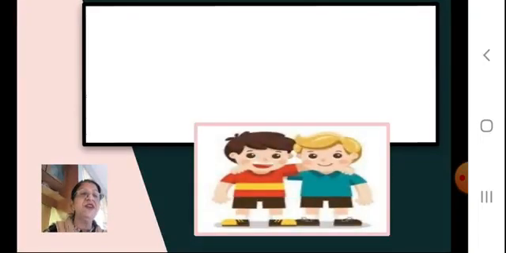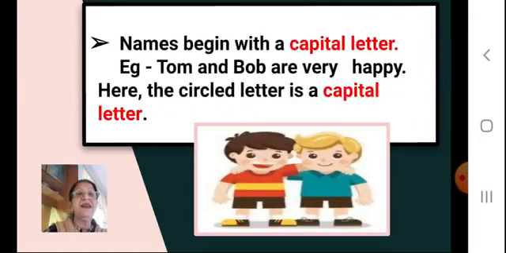There's one more picture and the related sentence. Names begin with a capital letter. Always. It can be your name, it can be my name, it can be anyone's name, but they always start with a capital letter. You must have never seen names starting with a small letter. So here, Tom and Bob are very happy.